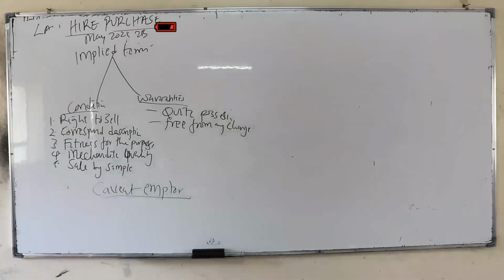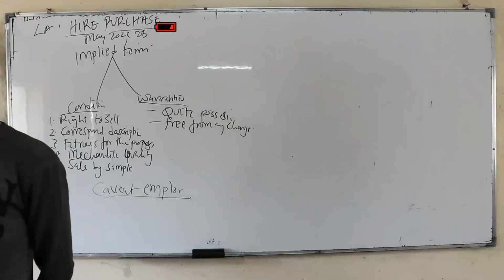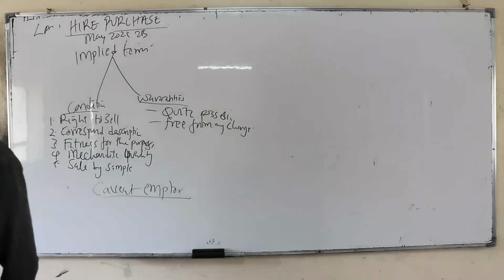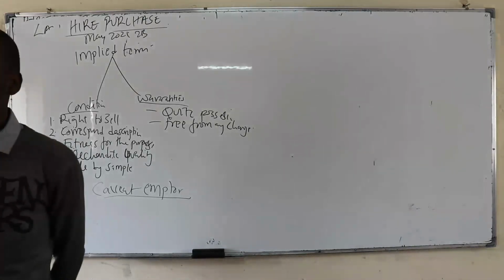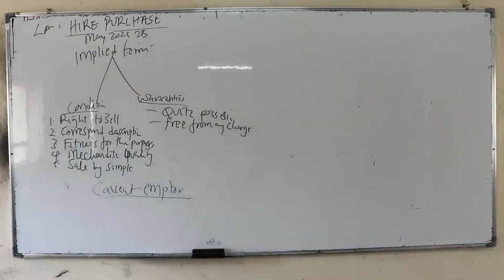You say a counter offer is one of the ways in which an offer can be terminated. So he should not sue Katana for refusing to sell him the car. He should go and buy another car from somewhere else. Is that okay? Yeah, that was the advice.